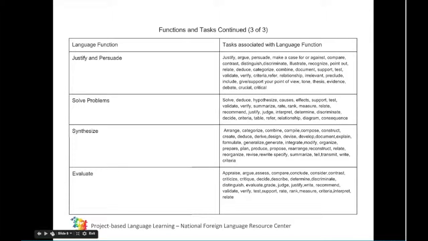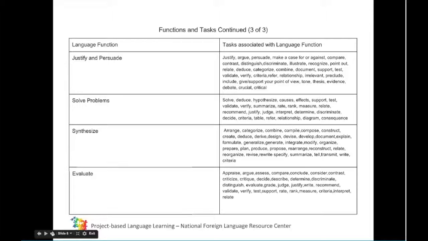Here is our last slide with language functions and tasks associated with language functions. Students in a world language classroom would need to justify and persuade adults to use a specific kind of social media site.